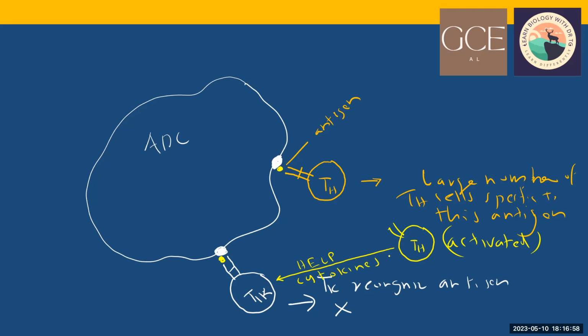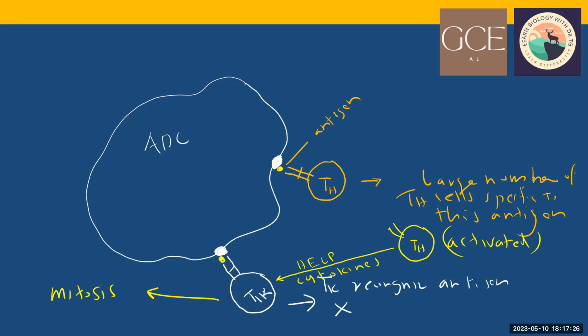Cytokines are a group of chemical messengers in immune system cells, and they can give messages to other kinds of cells. Activated T helper cells provide a cytokine chemical signal to T killer cells. Now the T killer cell can undergo mitosis.